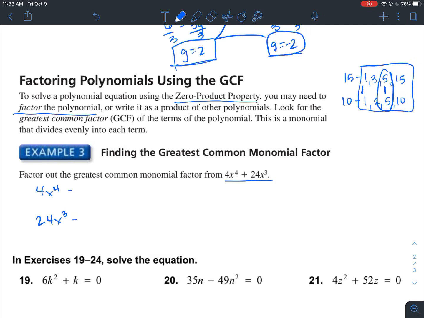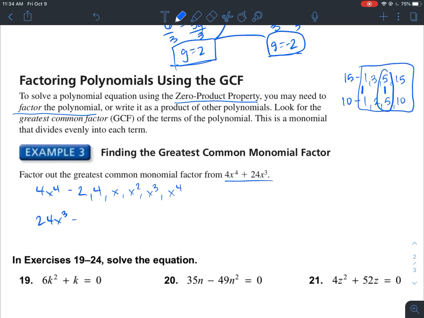So we could say 2, and you can also have 4, and then you could have x, x squared, x cubed, x to the 4th. So these are all the terms that divide evenly into 4x to the 4th. Again, divides evenly into each term.